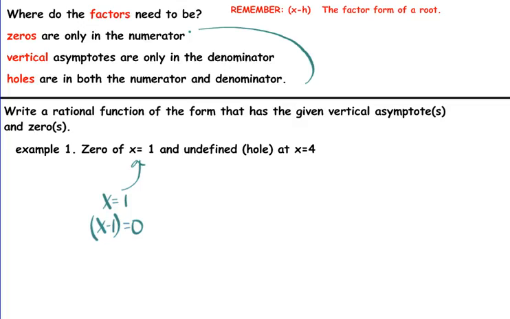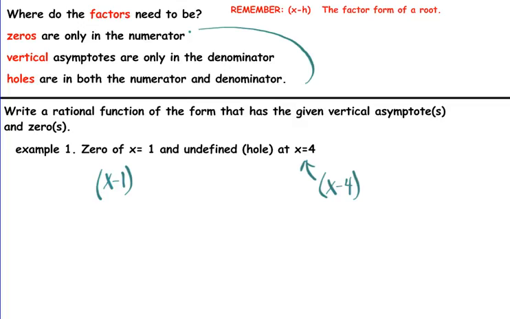Or I could just take the 1 and stick it in place of the h. So x minus h. There's my factor for the zero. Now find the factor for the undefined. Well, x is 4. I'm going to stick it into my formula of x minus h, and I get x minus 4.